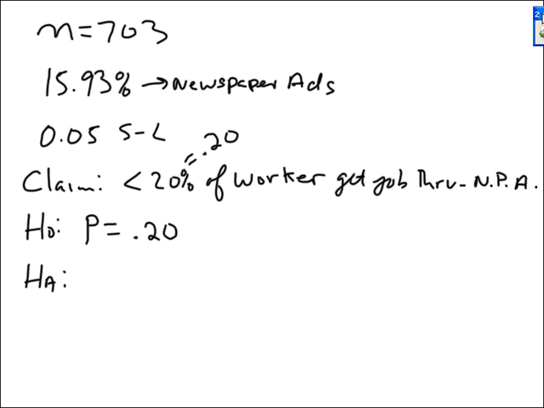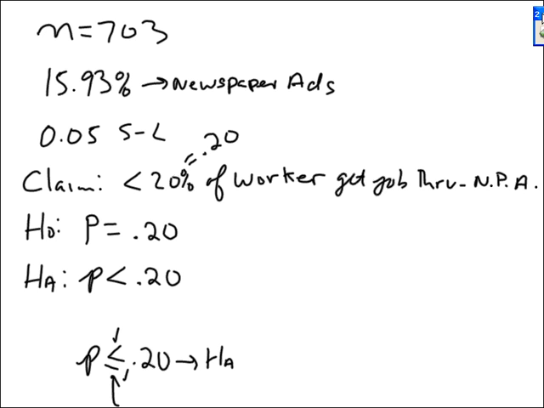The claim is less than 20%, so the alternate will be P is less than 0.20. If the claim had been less than or equal to 20, then that would have been the null hypothesis. Since that has equal, I can't use greater than, less than, or equal. That means I have to use greater than. But that wasn't the case.